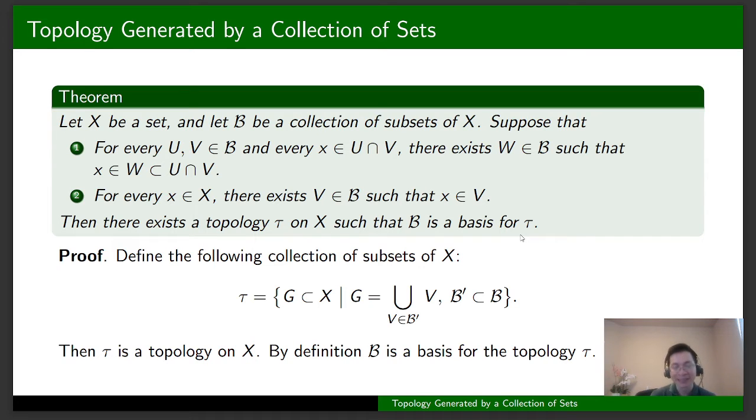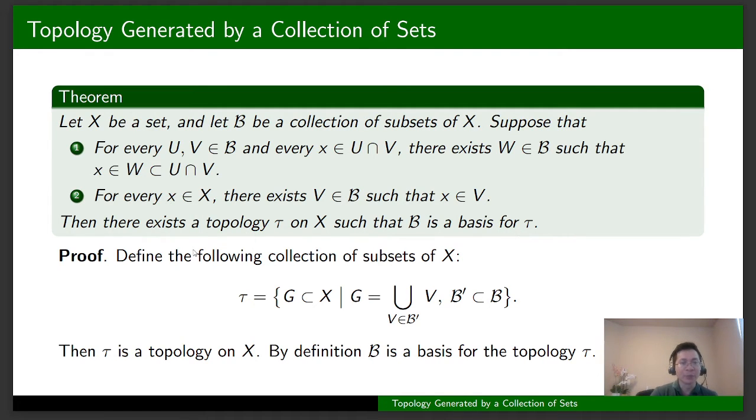This theorem is very important in a way that it allows us to build a topology on X based on a collection of subsets of X, in a way that that collection of sets is a basis for the topology.